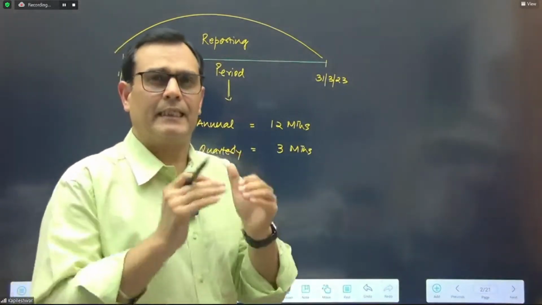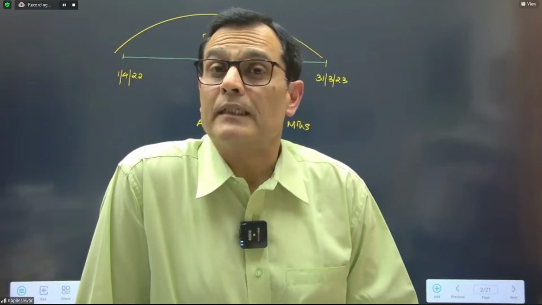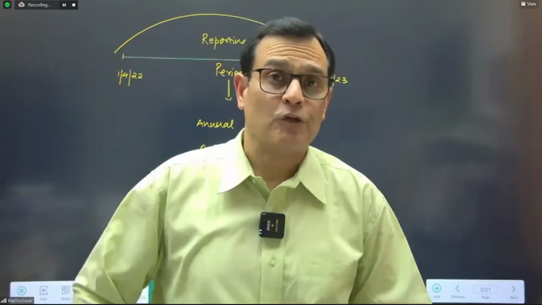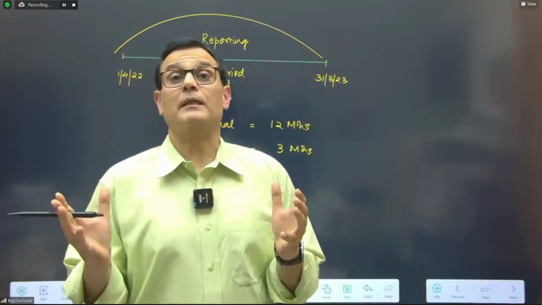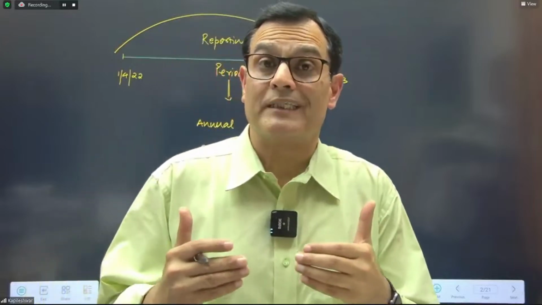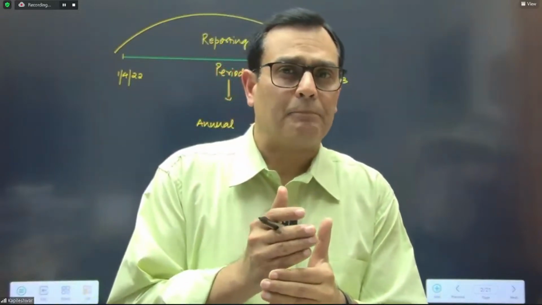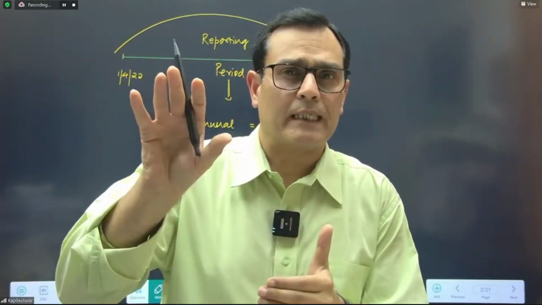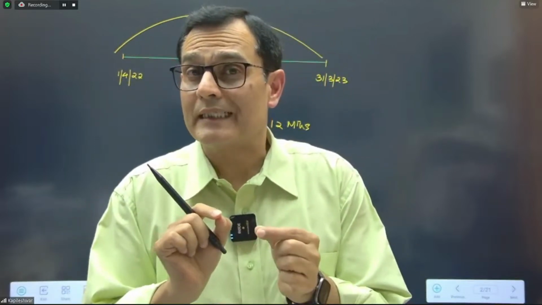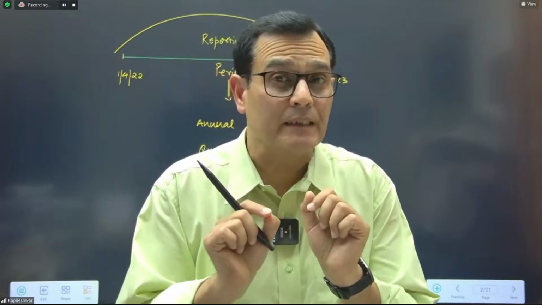So is Ind AS 10 applicable to Ind AS 34 as well? Ind AS 34 talks about making interim financial statements. So the answer is yes. Get mentally prepared for the fact that sometimes in an MCQ, the examiner could test your knowledge by asking: is Ind AS 10 applicable only when a company does an annual reporting, or is it also applicable when it does an interim reporting and makes financial statements as per Ind AS 34?